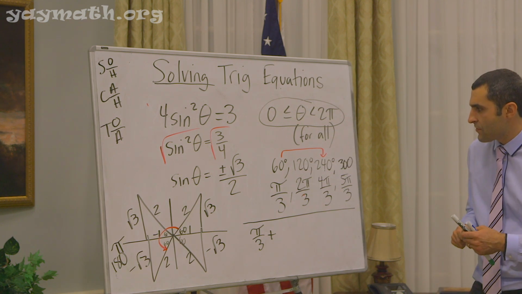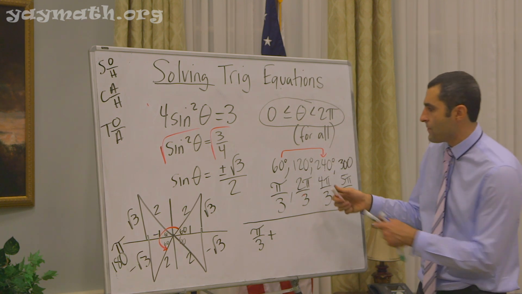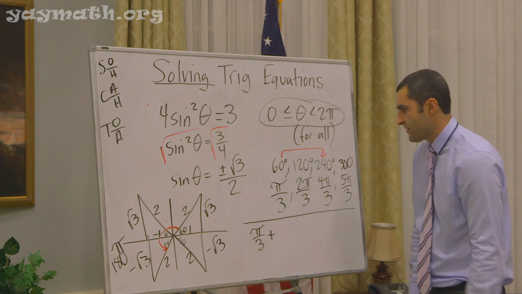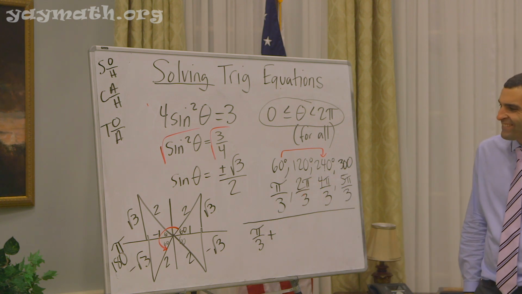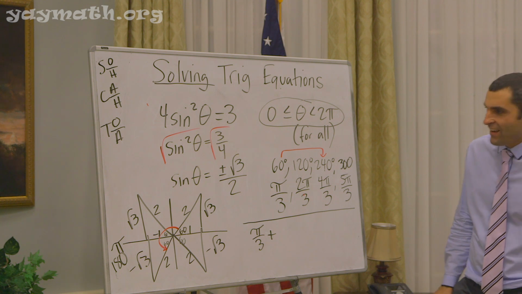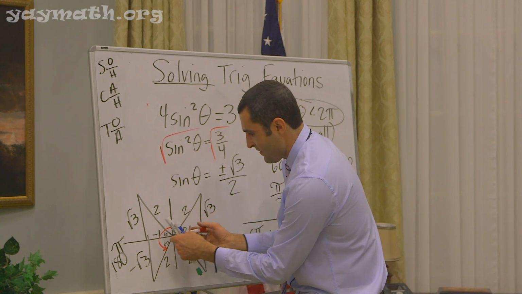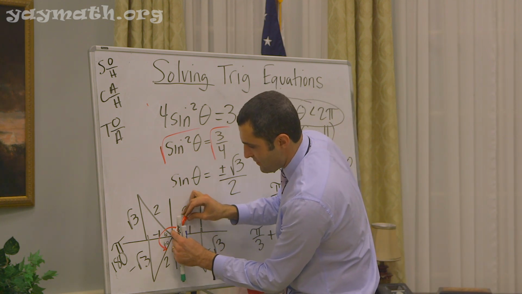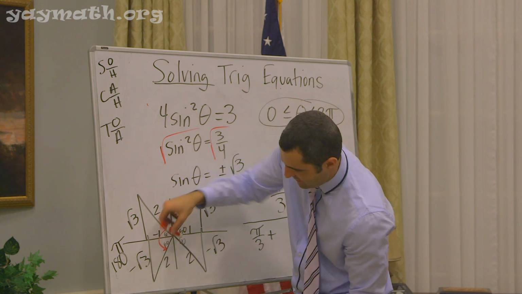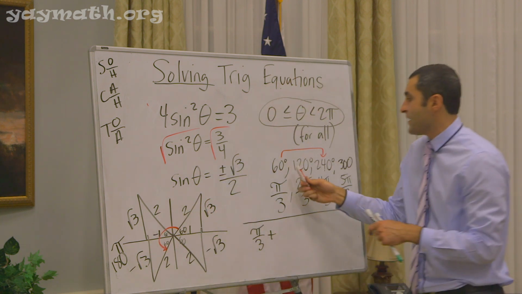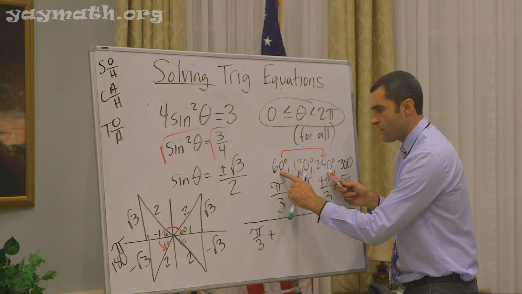So what are we adding to go from 60 to 240? Well, how much of a circle is this? We'll subtract these two. It's 180.